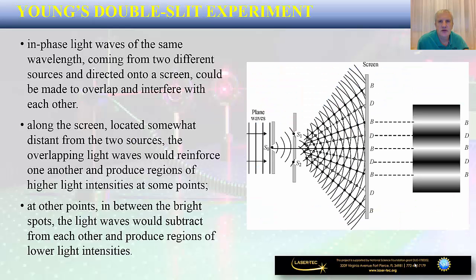The next phenomenon that characterizes the wave behavior of light is so-called interference or so-called diffraction. So it turns out that when we have multiple light waves of the same wavelength that are in phase coming from two different sources and are directed onto a screen, they could be made to overlap and interfere with one another.